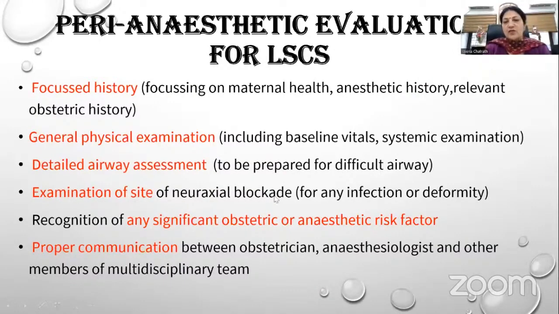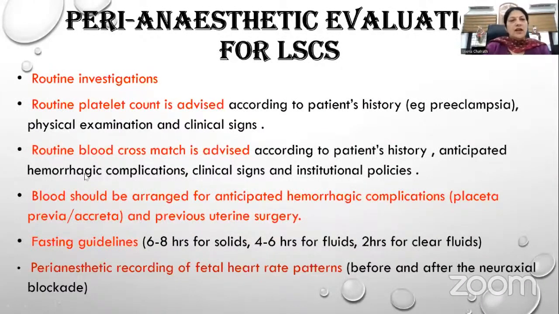Examination of the site of the neuraxial blockade is to be done for any infection or deformity, along with recognition of any significant obstetric or anesthetic risk factor, and there should be proper communication between the obstetrician, anesthesiologist, and other members of the multidisciplinary team.